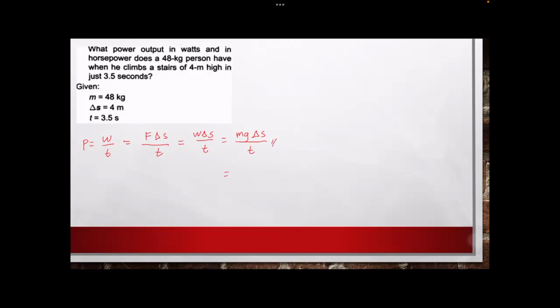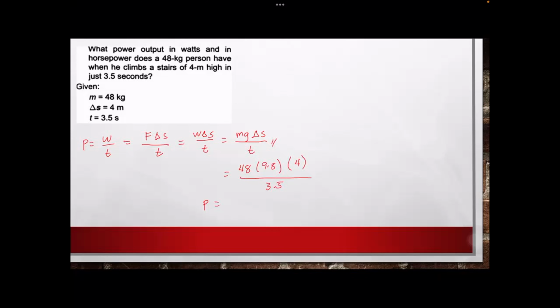So this will be equal to, ang ating mass is 48 times 9.8, that is the acceleration due to gravity. Then our S is 4 over the time natin is 3.5. So, therefore, the power na kailangan natin dito is what?